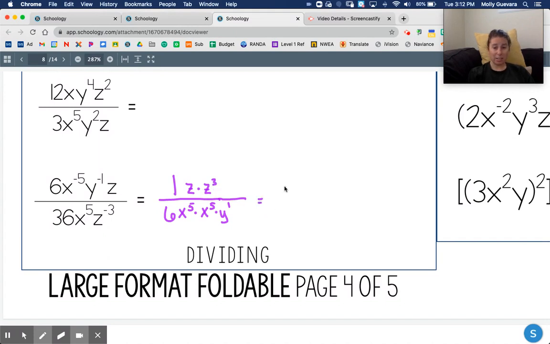And now I can just simplify, right? I have 1 z to the 4th on top, right? 1 plus 3. And on the bottom, I have 6. X to the 5th times x to the 5th is x to the 10th, and then a y.